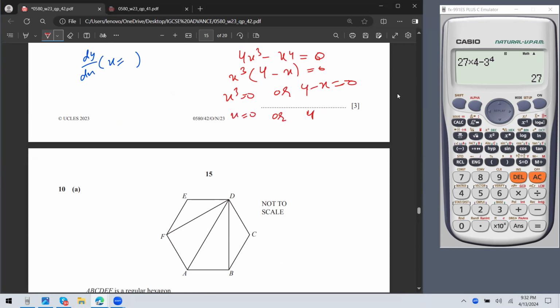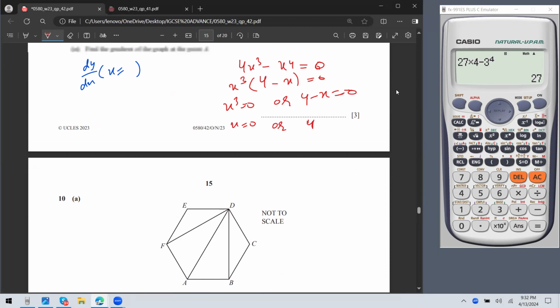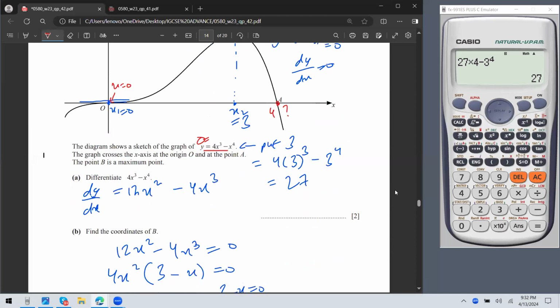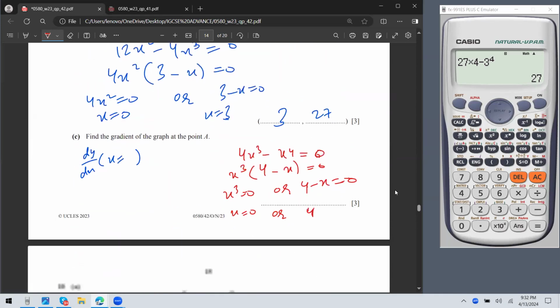And this 4 belongs to the A, because you can see the curve is crossing the x-axis at 0 and 4. So that point becomes 4. Now you can find the gradient by putting in the dy by dx. Okay, easy.